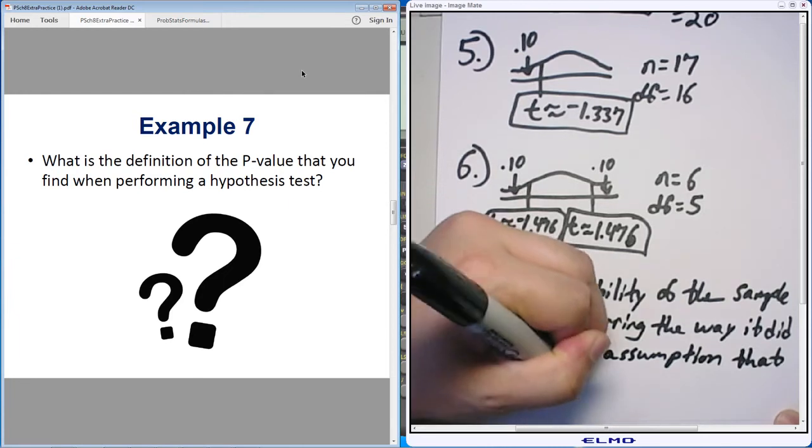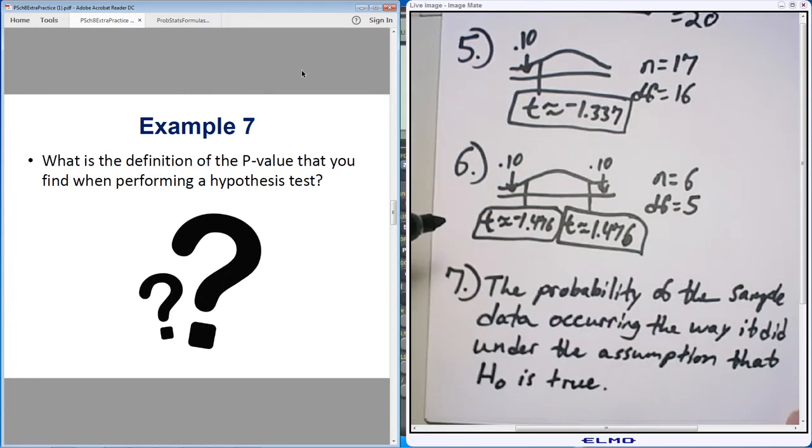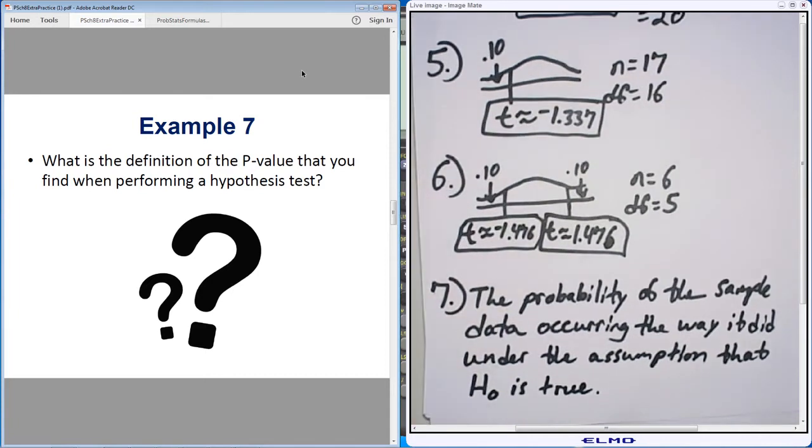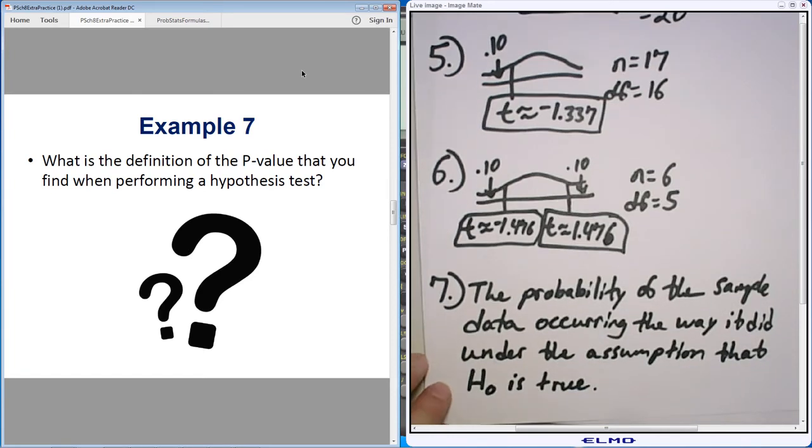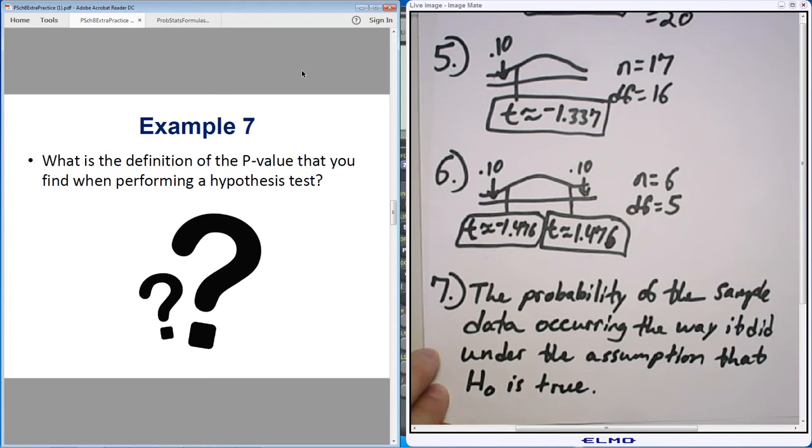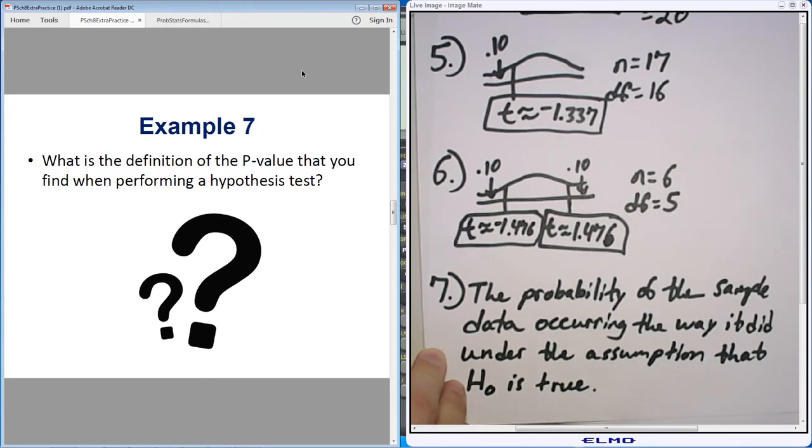So what you're doing in hypothesis testing is you assume that the null hypothesis is true, and you find the probability of your sample data shaking out the way it did, if that's the case. And if it's low enough, if it's rare enough, you use the rare event rule to say that that's probably not true.